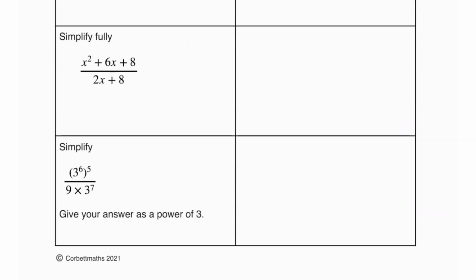Then it says simplify fully this algebraic fraction. You have a quadratic in the numerator and a linear in the denominator, so let's factorize the quadratic. x squared plus 6x plus 8 is going to be x squared plus 4x plus 2x plus 8.